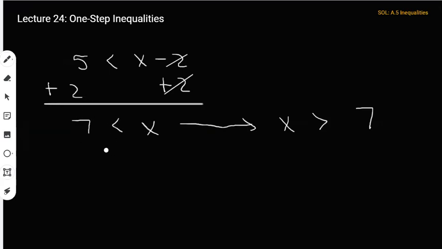It's pointing at the 7 right here. So it has to point at the 7 when you flip it as well. So the less than is going to become a greater than. So just a word of caution if x is on the right-hand side. You won't see that often, but it does come up.